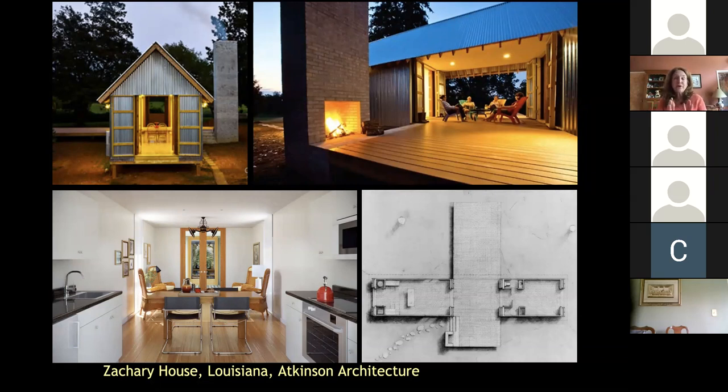It refers to this narrow rectangular plan where rooms are arranged one behind the other. And it's this very strange, in my mind, reference to the idea that if you fired a shotgun into one side of the house, it would fly clearly through and out the back. So maybe that's Louisiana cultural.